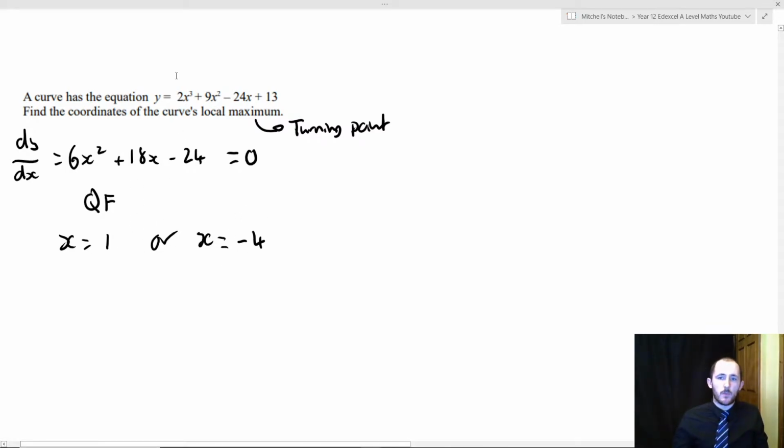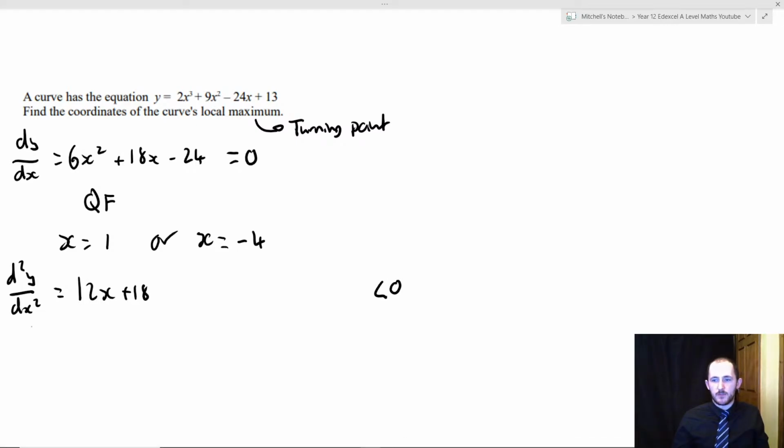Well, there's two ways to do it. One way, you can sketch the graph, but that's a bit painful sometimes, long and tedious. The other way is to find d squared y by dx squared, which would be 12x plus 18. Now we're looking for the value of x that would give us less than 0.